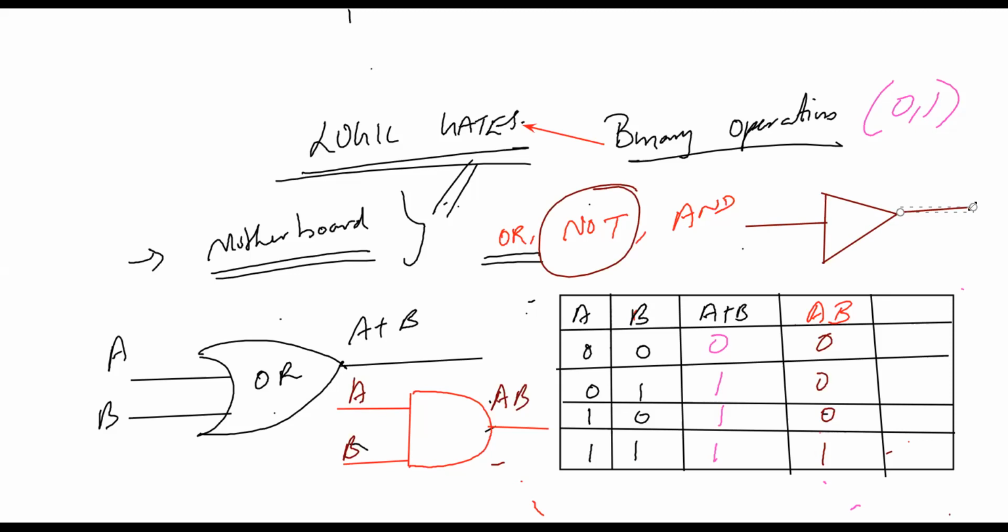If the input is A here, the output will be A complement. Complement is the opposite of A. If A is 0, this is 1. If this is 1, this is 0. So for A as 0, 0, 1, 1, you get 1, 1, 0, 0. Please note down this, and once noted, let me know.